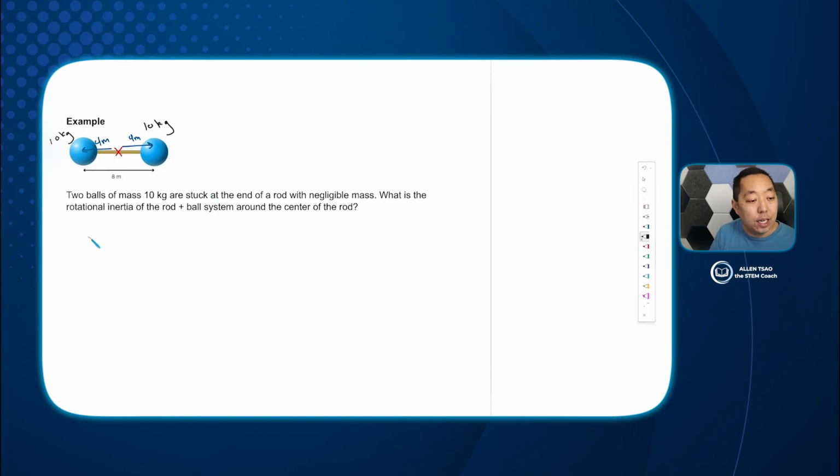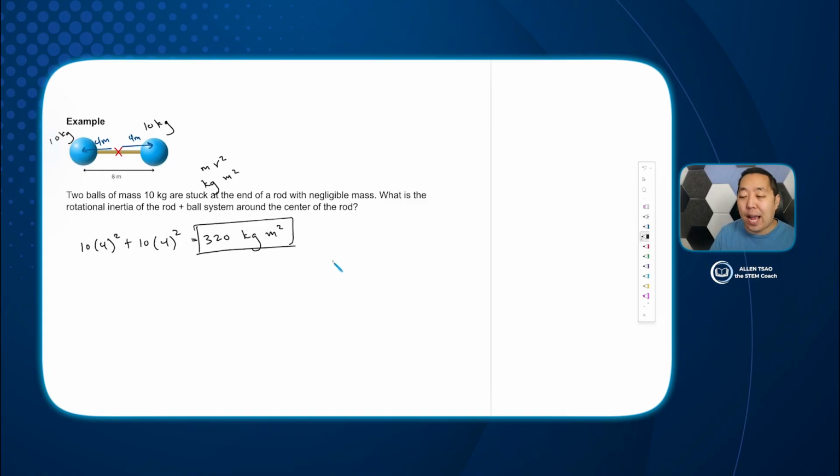So the rotational inertia of this one is 10 times 4 squared, and of this one is also 10 times 4 squared, and that's going to be 320. The units of I, because it's mass times r squared, are kilograms times meters squared.